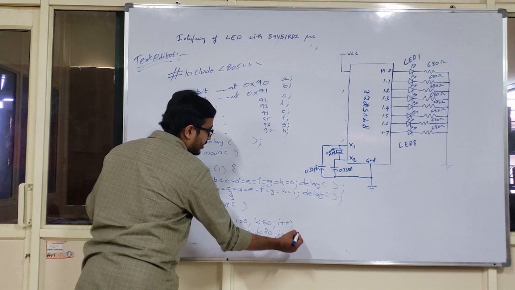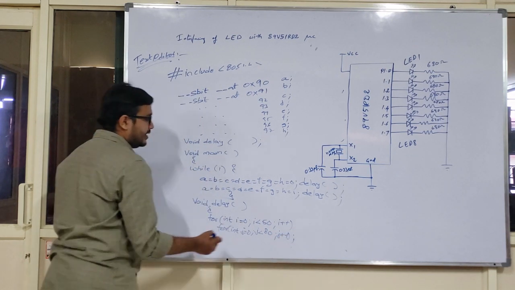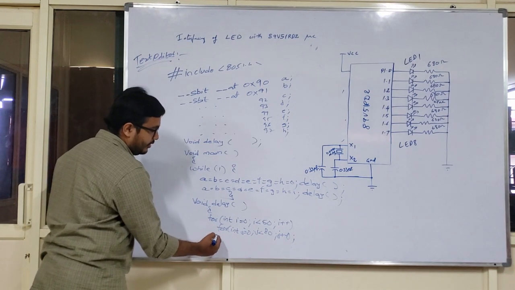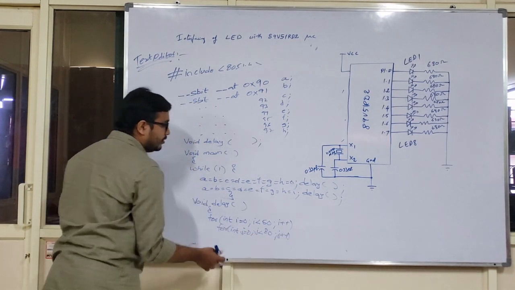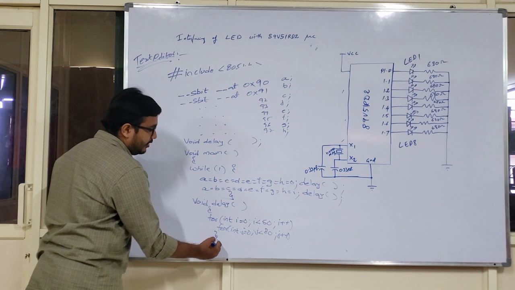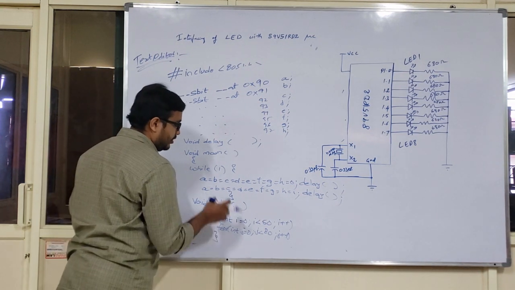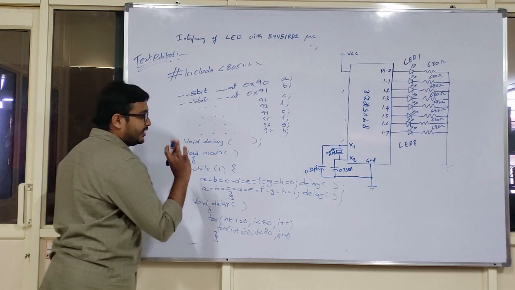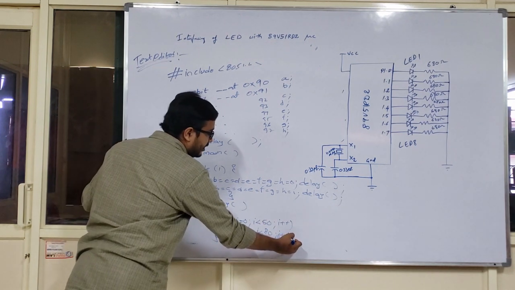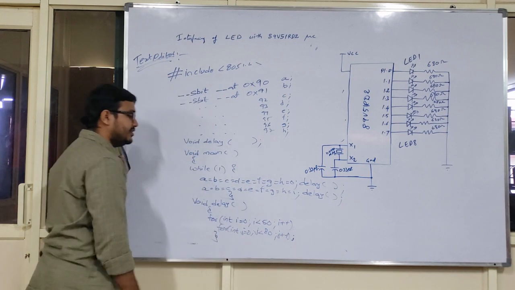You have to definitely use the semicolon, which indicates that the definition is completed. If I don't include the semicolon and write the closing bracket directly, it is of no use, because the delay function definition has to be completed, so I should use the semicolon here.